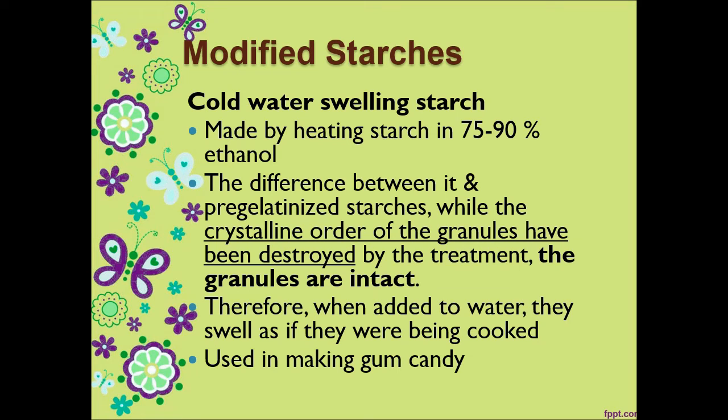The next physically modified starch is cold water swelling starch, and this starch is made by heating starch in 75 to 90% ethanol by a special spray drying process. So the difference between this cold water swelling starch and the conventional pre-gelatinized starch previously is that in pre-gelatinized starch, the crystalline order and also the birefringence of the granules are destroyed during the gelatinization process.